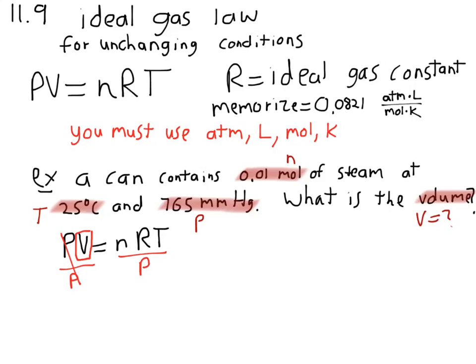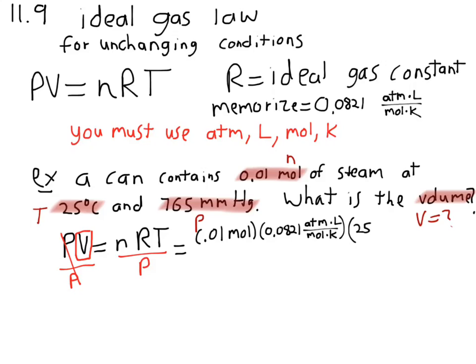Now I plug in my numbers, being very careful to use moles and atmospheres and Kelvin and liters. So my n is 0.01 moles. My R that I need to memorize, 0.0821 atmosphere liters over moles Kelvin. Please write the units so you can remind yourself to use those units in the other numbers. My temperature is 25 degrees Celsius.